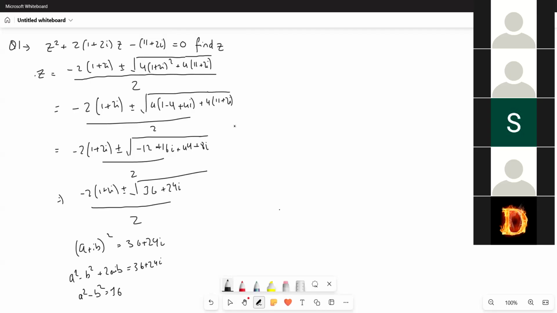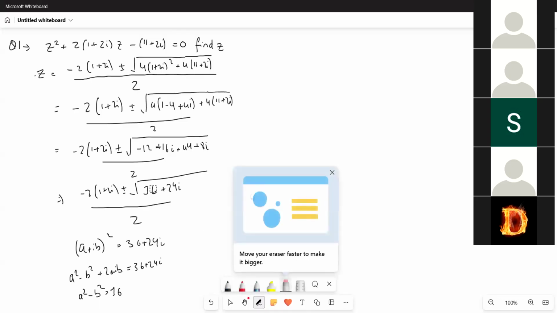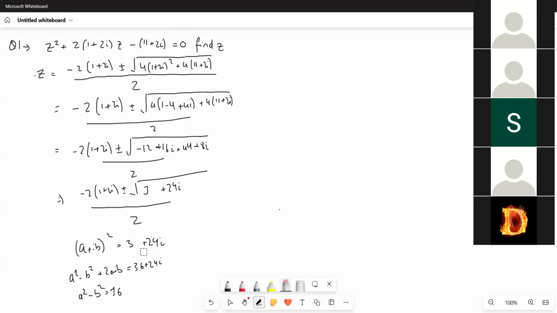What did you say? Did I make a calculation mistake? Student: It will be 32, 44 minus 12. Right, it was 44 minus 12, right, sorry, right. So this will be 32. So we need a square minus b square which would be 32 and 2ab which would be 24.